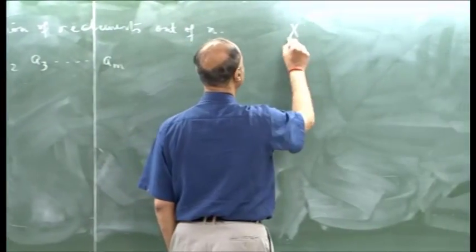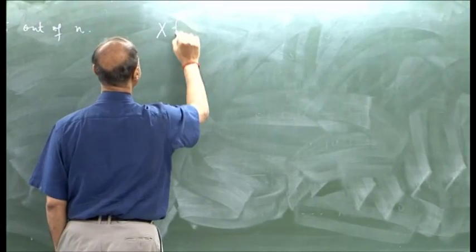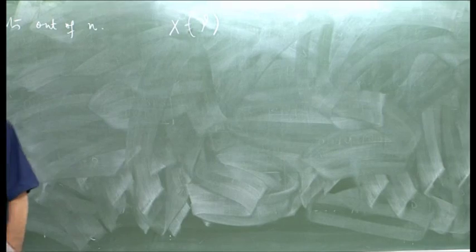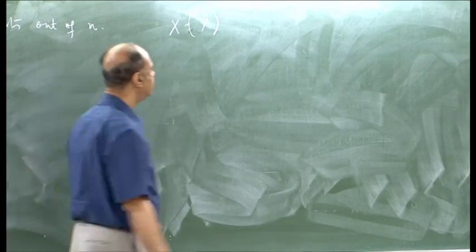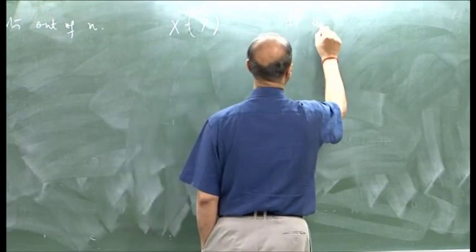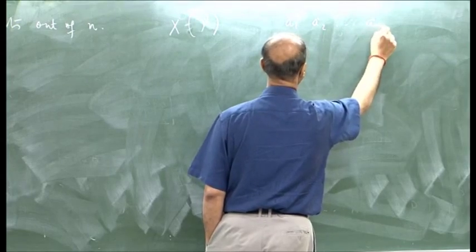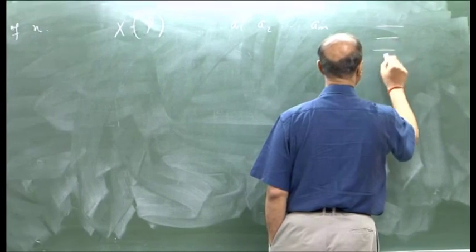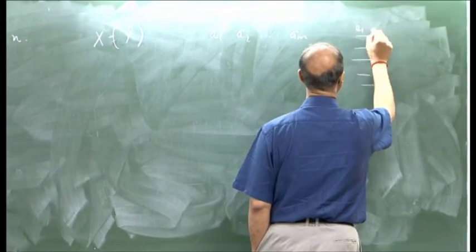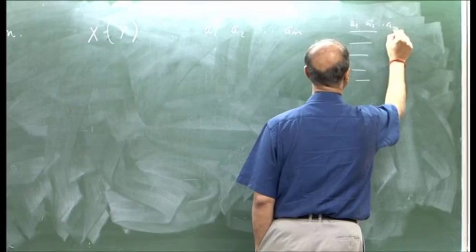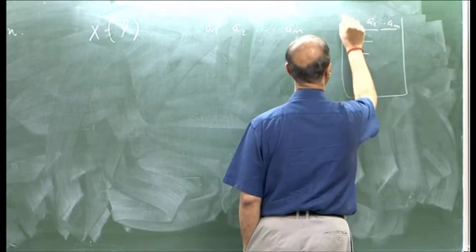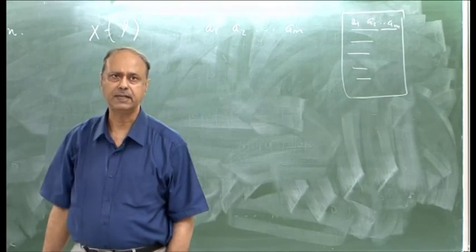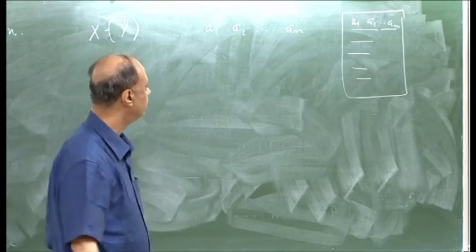Now we said that x gamma is the gammath lexicographic permutation, and its first m elements are a1, a2, up to am. So from the definition of the permutations, there are several permutations whose first m elements are a1, a2, up to am. Right?